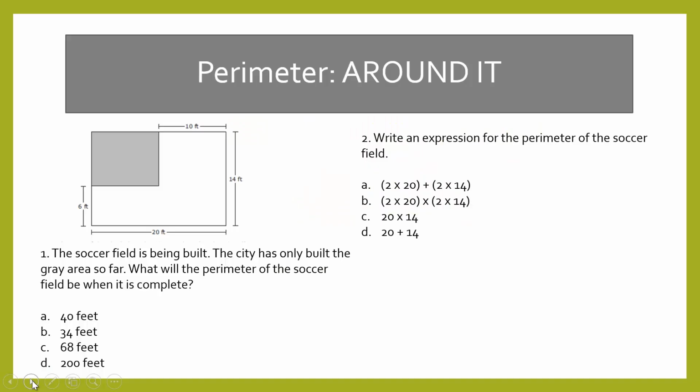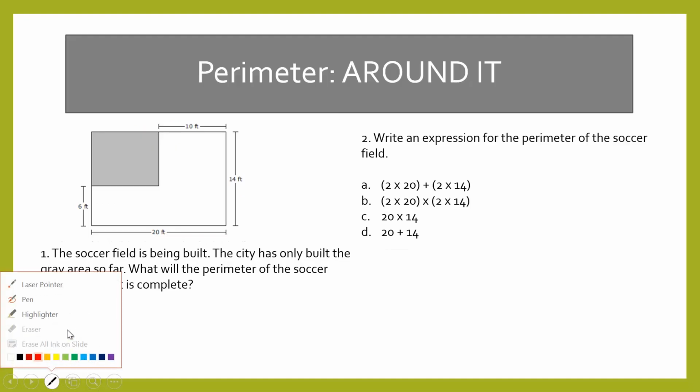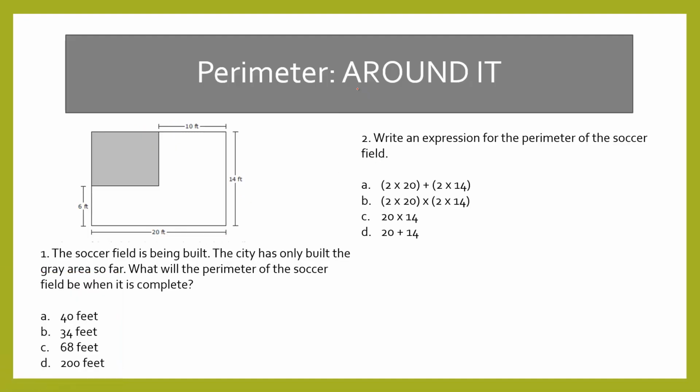If we look at the first example, we're going to talk about perimeter. And if you remember, perimeter is when you go all the way around an object. So if you look at the perimeter of this rectangle, it's every single side added together.